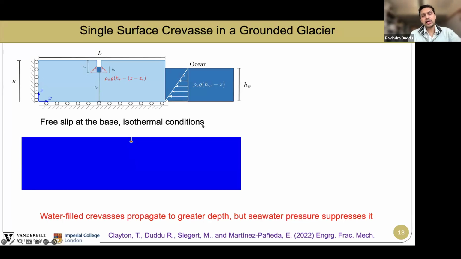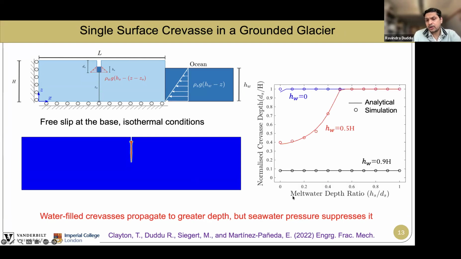In that simple case, what we are trying to say is, how does the crack propagate from this pre-existing defect, and how deep does it go, right? What we found is that depending on how the meltwater depth ratio changes, that is, the amount of meltwater filling the crack, the depth of the crevasse will change. And that also is related to this ocean water height.